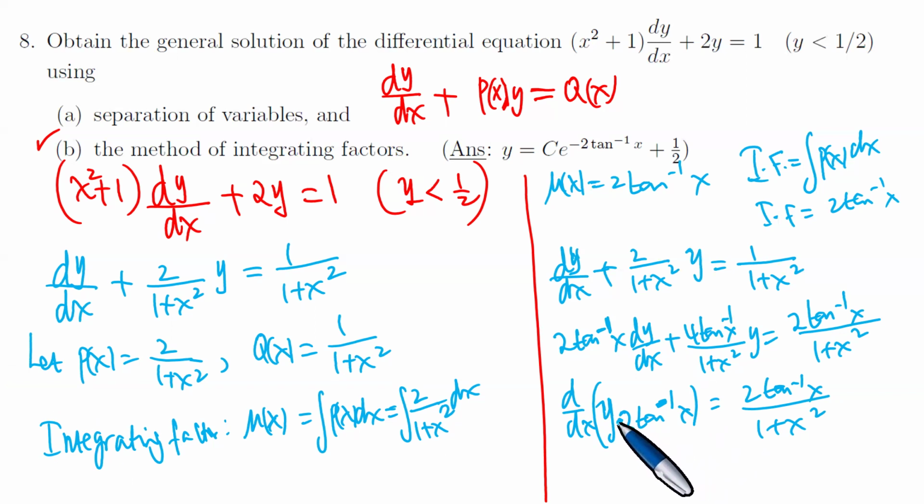And then if you leave the y as it is and differentiate the 2 arctan x, the derivative of arctan is going to be 1 over 1 plus x squared, so 2 over that.